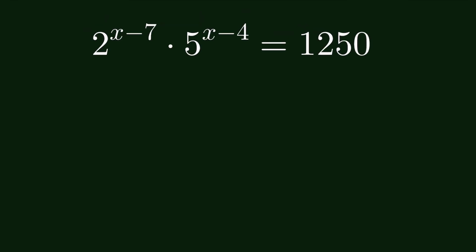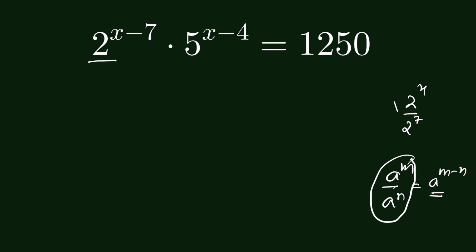In another method, 2 to the power x minus 7 is also equal to 2 to the power x upon 2 to the power 7. Why? Because when a to the power m upon a to the power n, it is equal to a to the power m minus n. Therefore, we can write a to the power m minus n in this form.